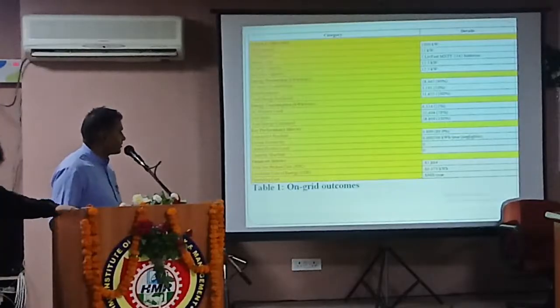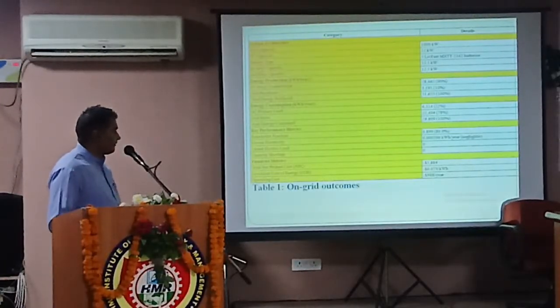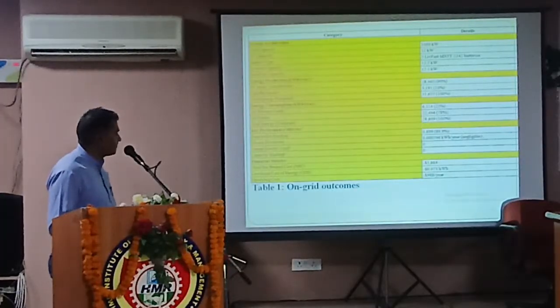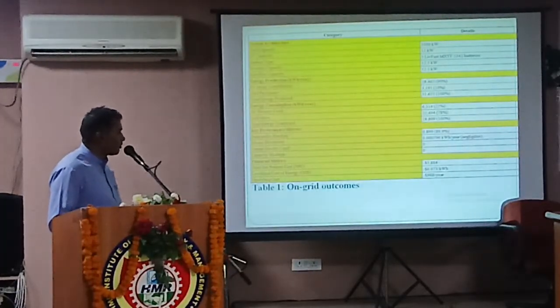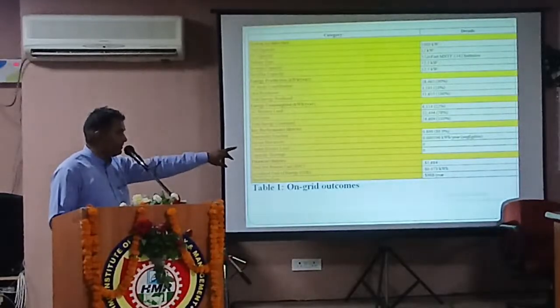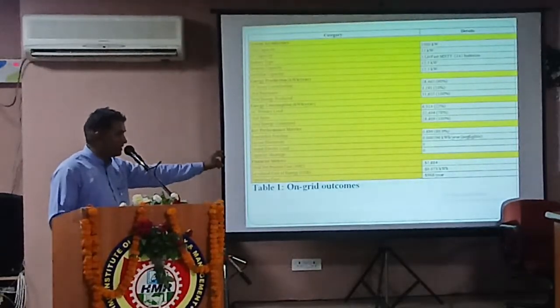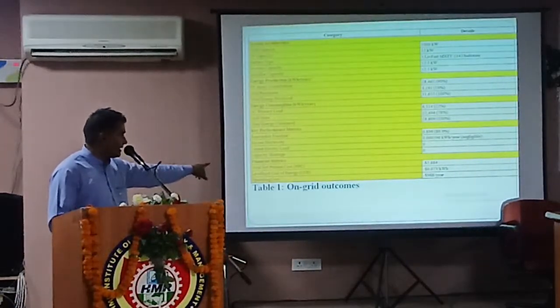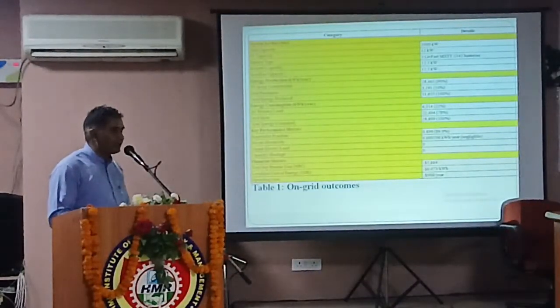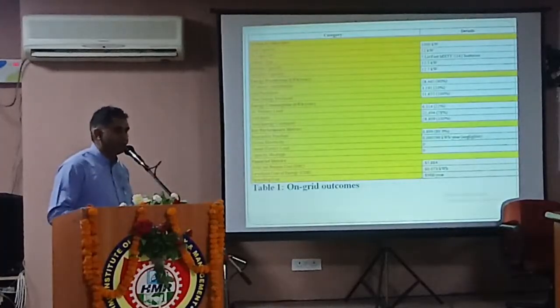Here, when we see both systems, the on-grid system and the off-grid system, the total present cost of the on-grid system is going minus 20. We are selling energy to the grid, and the levelized cost of the system is minus, which represents that we are getting money from the grid.